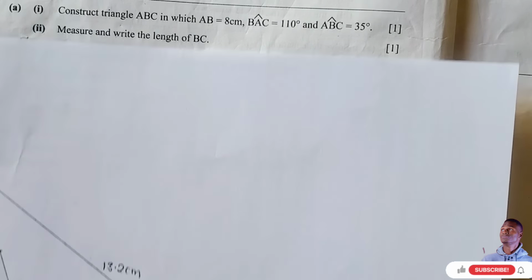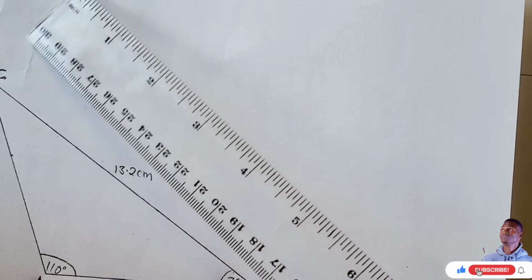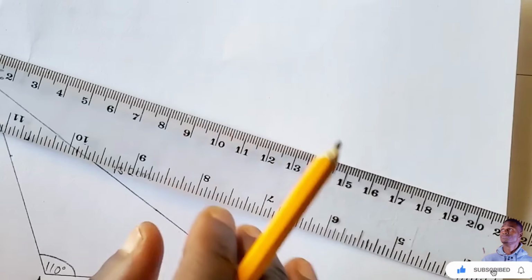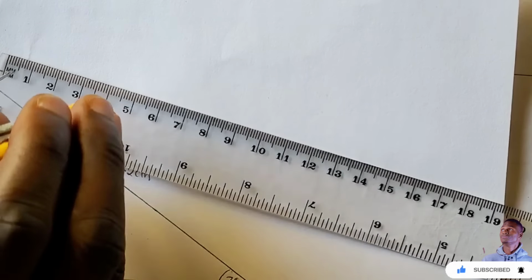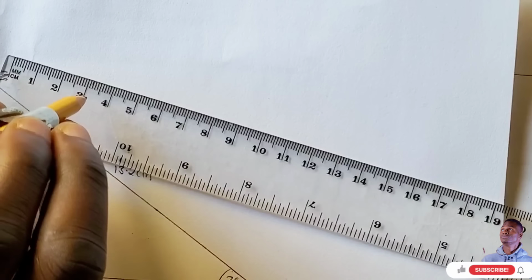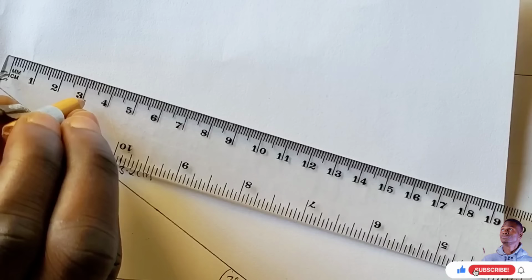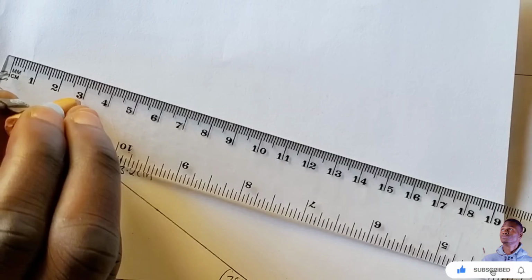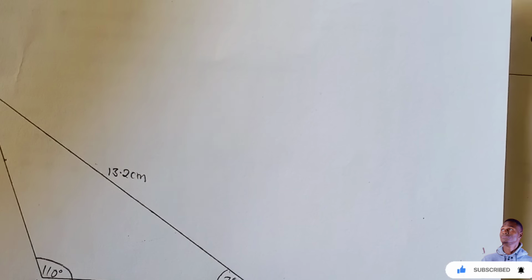3 centimeters. So you are going to get your compass. Make sure you're not using inches, make sure you're using centimeters. You're going to get your compass and measure 3 centimeters. And this is AB, right?